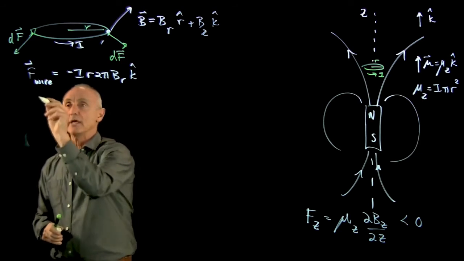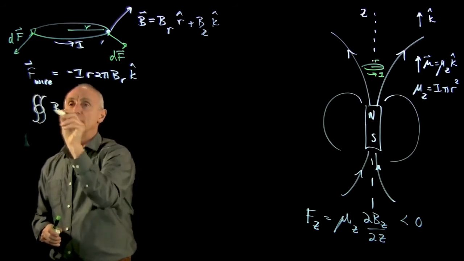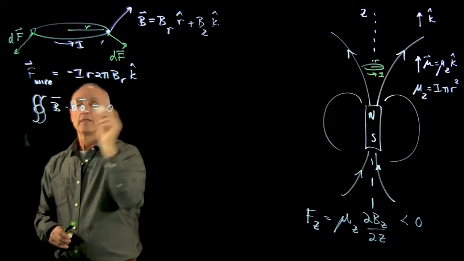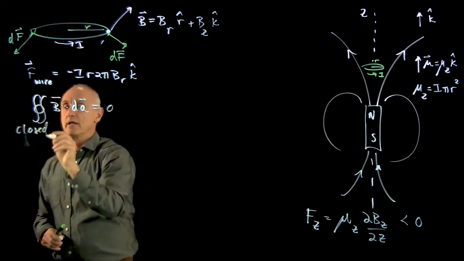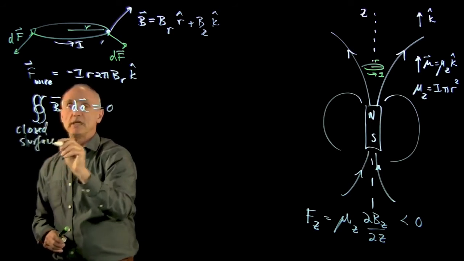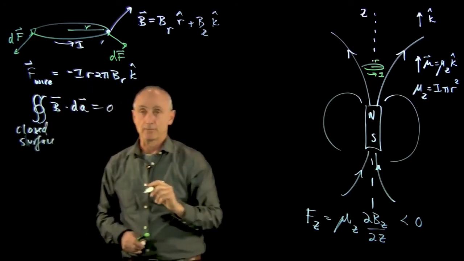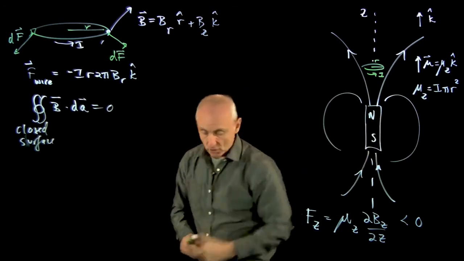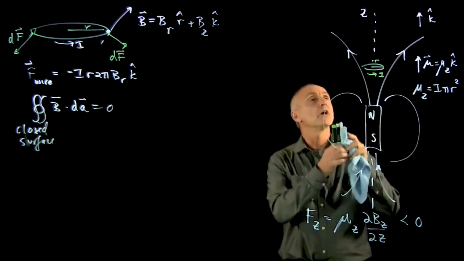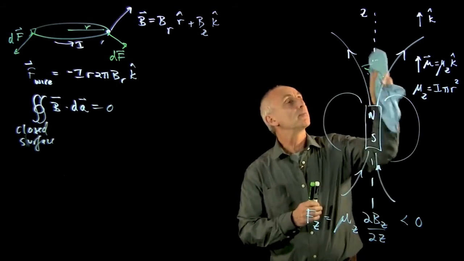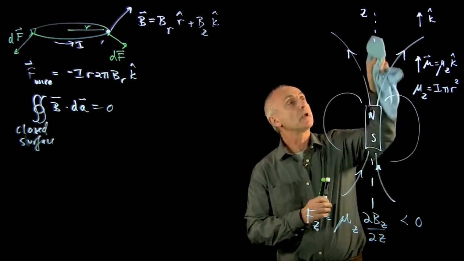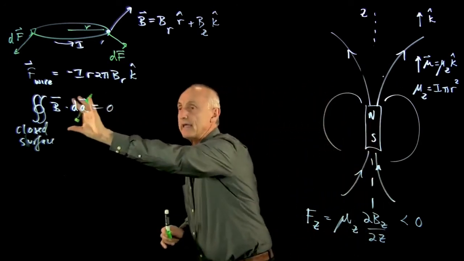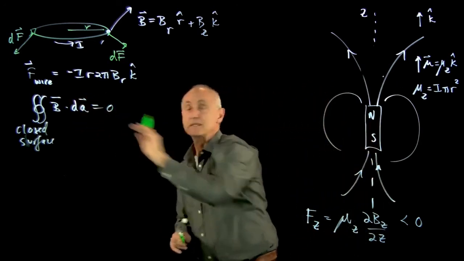Now what I'd like to do is apply our idea of conservation of magnetic flux: that for any closed surface, the magnetic flux in will be equal to the magnetic flux out. And in particular, I'd like to apply that to our magnet. So we don't need our current loop here anymore. And I'm going to pick the equivalent of a Gaussian surface for magnetism.